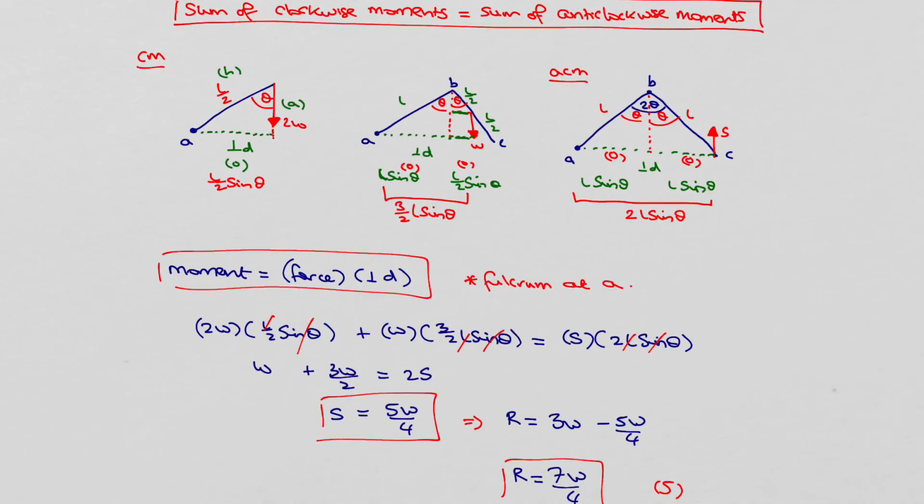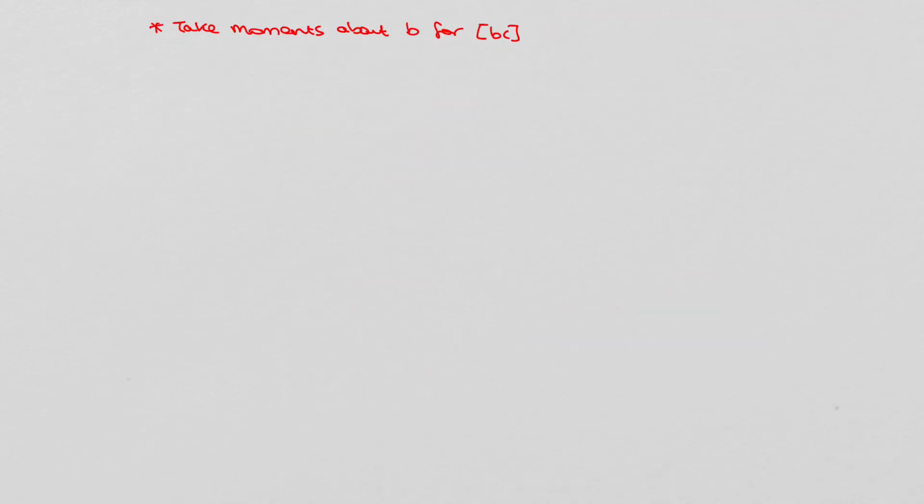So in the first case here, we had the fulcrum at A for the system. Whereas now we're going to take the moments about B, so in other words, we're going to take the fulcrum at B for the rod BC. The reason we're taking the fulcrum at B is because when we separate our rods into two separate parts, we have to remember that we would have both X and Y reaction forces.